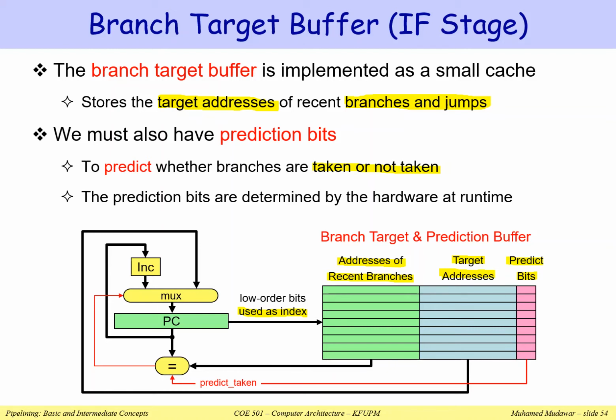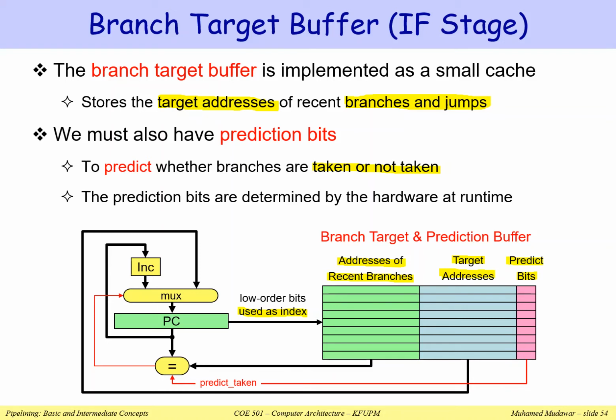And what we can do is compare the upper bits of the program counter against the address of the recent branch. So we're using the address of the recent branch as a tag, and we can see if there is a match. If there is a match, then we have the target address. We use a comparator that can compare the value of the program counter against the addresses of the recent branches.